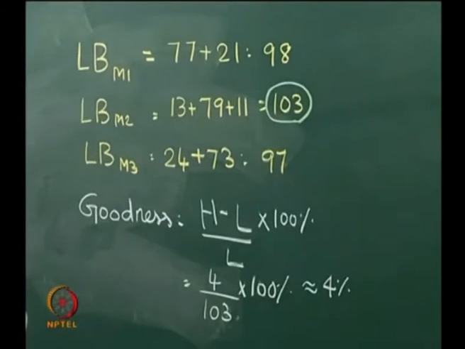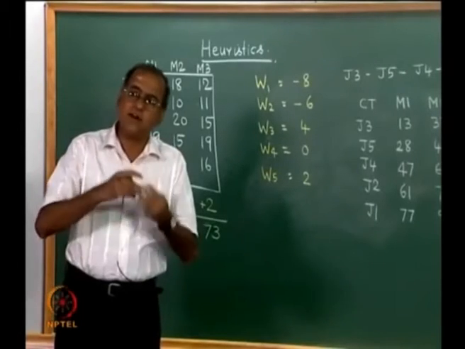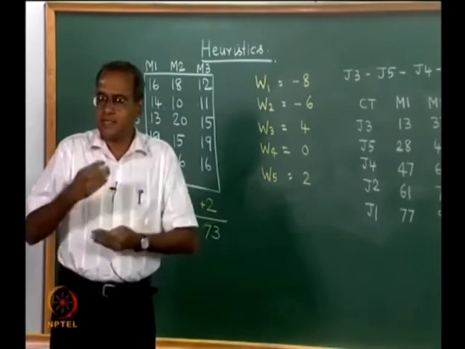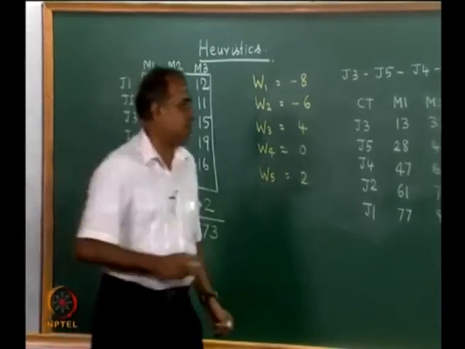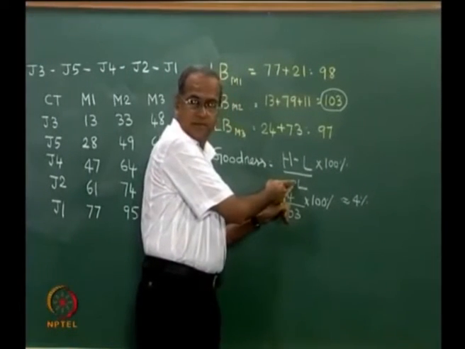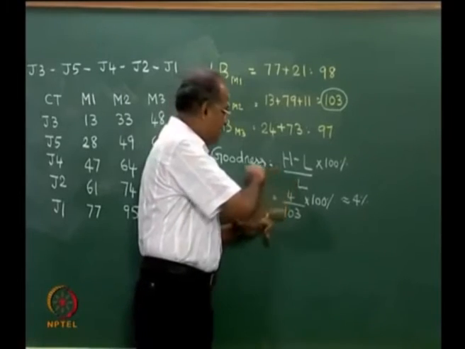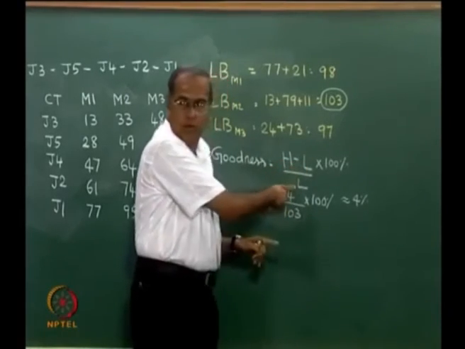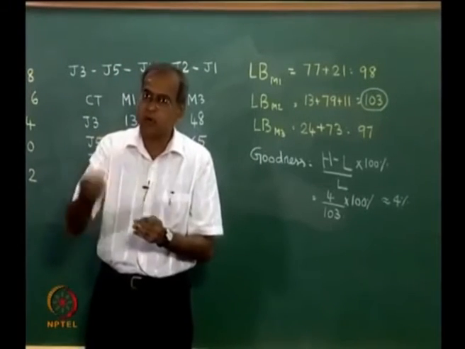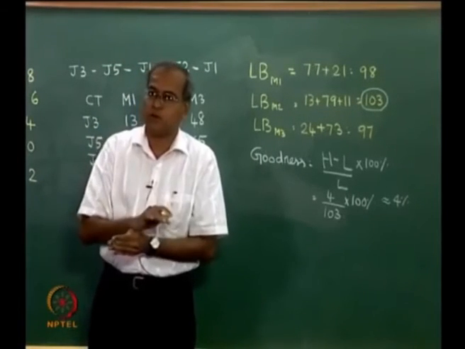So, if we are willing to accept a solution which in the worst case is 4% above the optimum, the reason the worst case is 4% is that you do not know the optimum; if the optimum is more than L, actually this should be (H minus O) by O, heuristic minus optimum by optimum. Since we do not know the optimum, we substitute it with the lower bound.